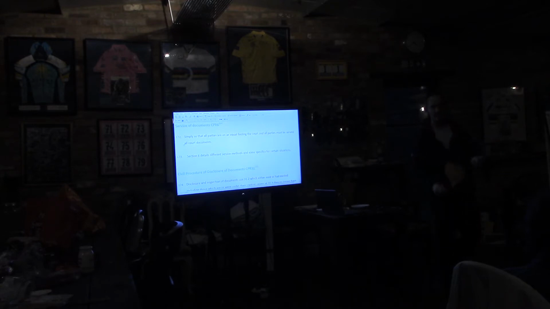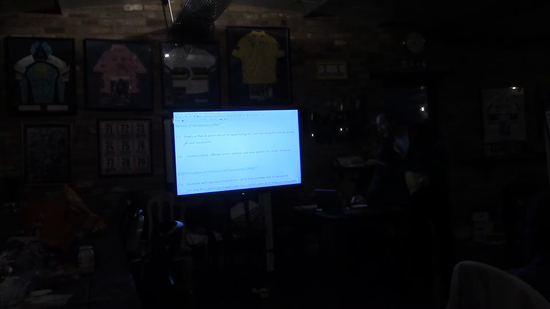We said about service of documents, so that's CPR 6. Every party in a case must be served. It's no good just serving the prosecution or just serving the court. Everybody must be reading off the same hymn page. Now, what's important is disclosure. What you're trying to do is make sure that you get the evidence you need by forcing disclosure.